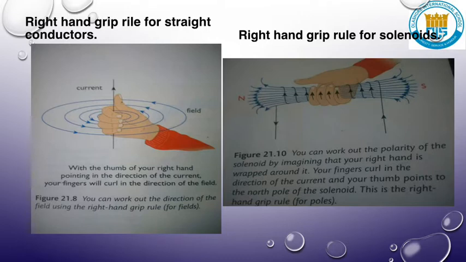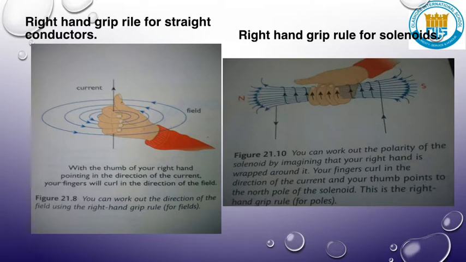Now, if that thumb that points upwards is pointing in the direction in which the current is flowing, meaning that if your pen was a conductor, and current was flowing from the bottom to the top, your thumb is pointing towards the direction of the current flow. Now, the other fingers that are curled around that pen are curled in the direction of the magnetic field around that conductor.